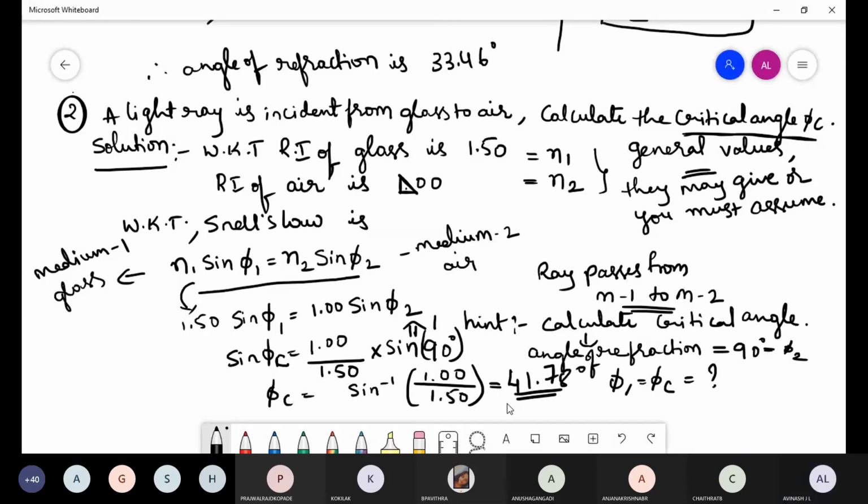Okay. Next we will see the third numerical.